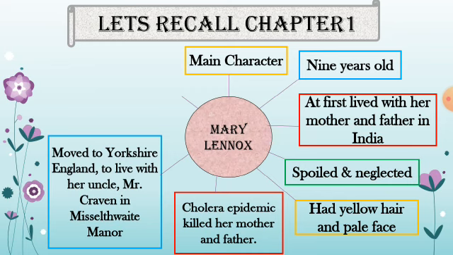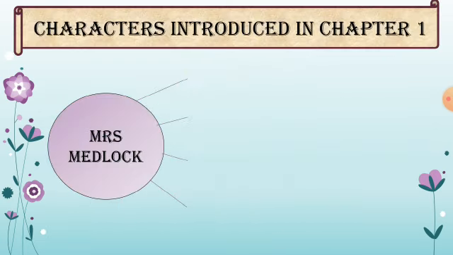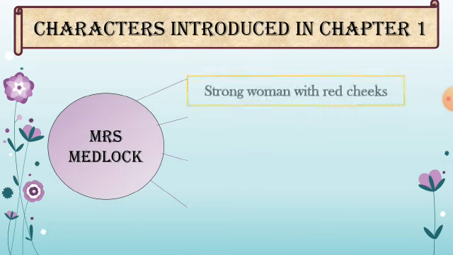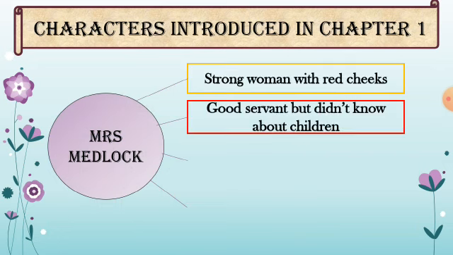In chapter 1, we were told that Mary was very bossy, so she didn't like rules and getting orders from others. Mrs. Medlock was also introduced in chapter 1. She was a strong woman with red cheeks. She was a good servant, but she didn't know anything about children.